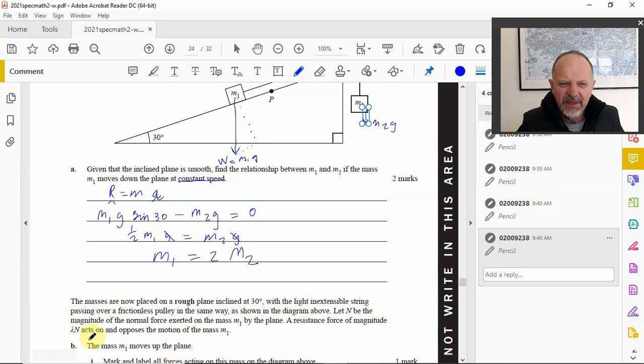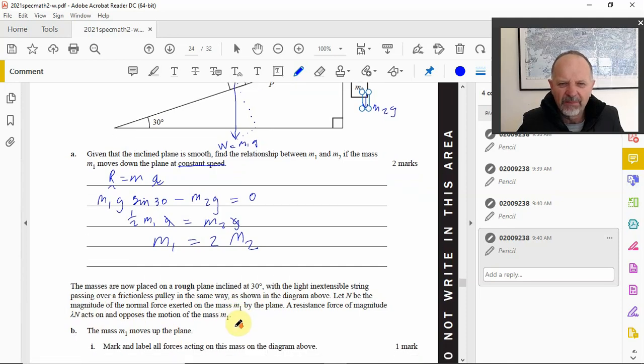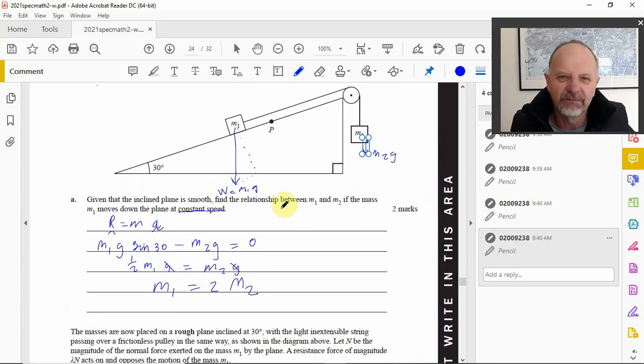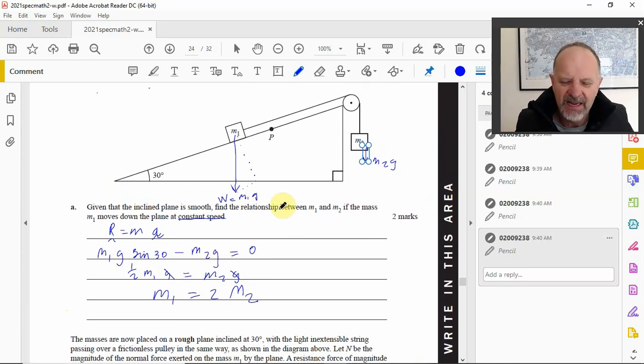And now in part B, mass M1 moves up the plane. Mark and label all the forces acting on this mass. So this mass refers to mass 1.